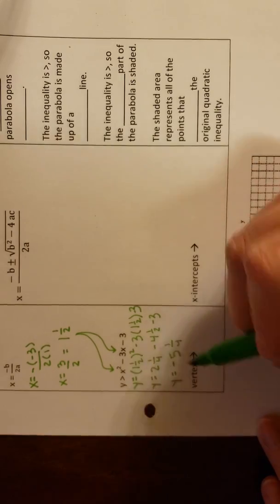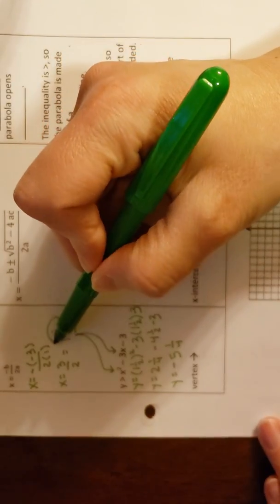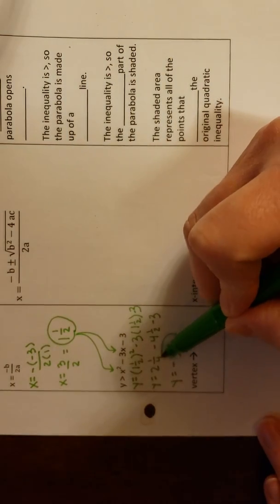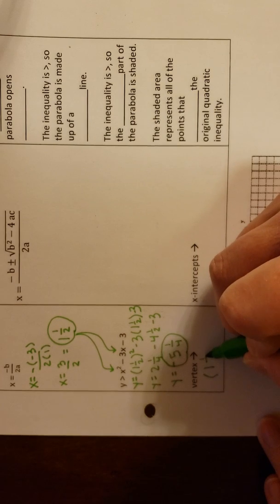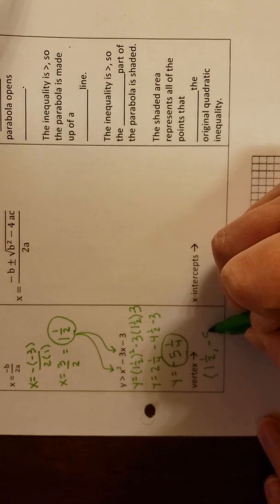Okay, so now that I know what x is and what y is, these come together to be the vertex, 1.5 and -5.25.